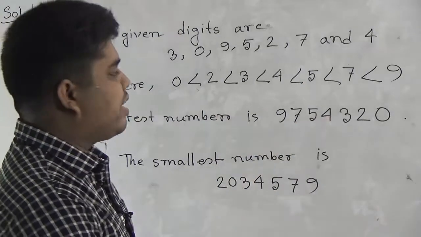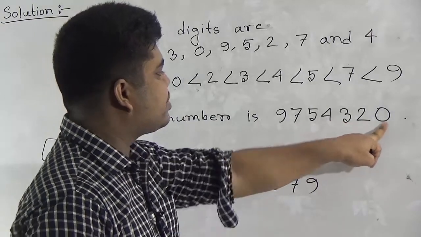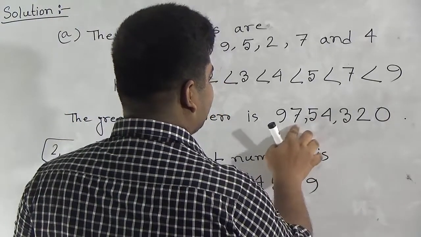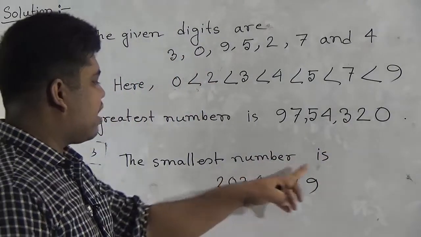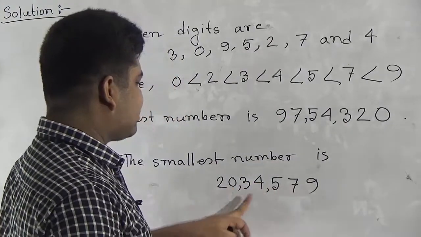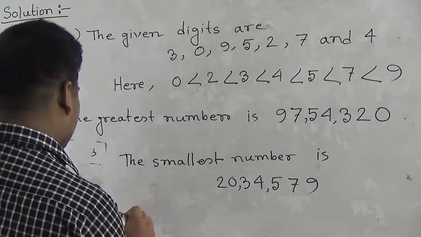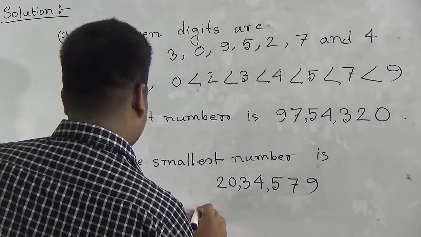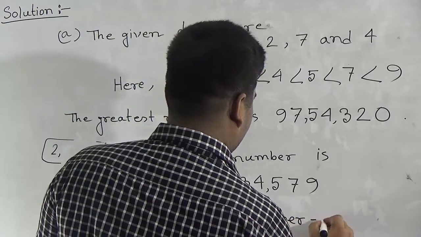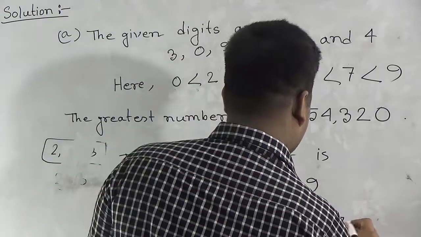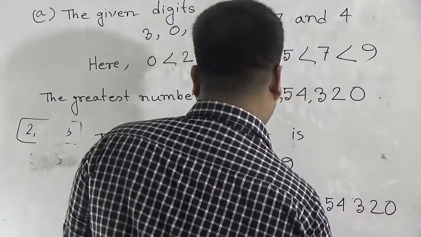So our question A is done. Here the greatest number is 9754320. That means 97,54,320, and the smallest number is 20,34,579. So we write the answer: greatest number equal to 97,54,320.